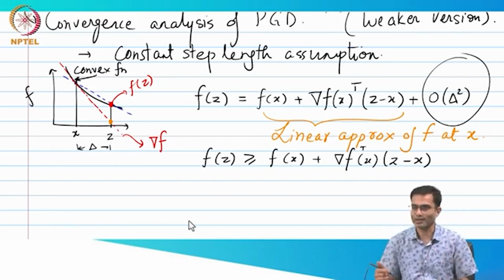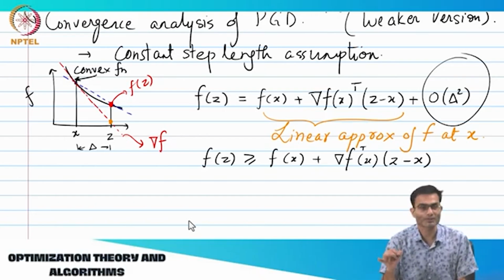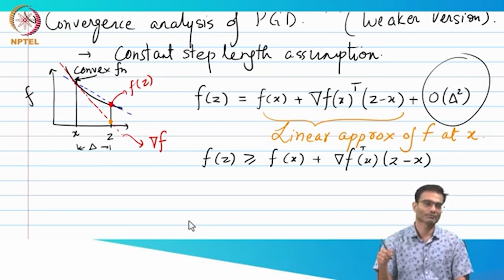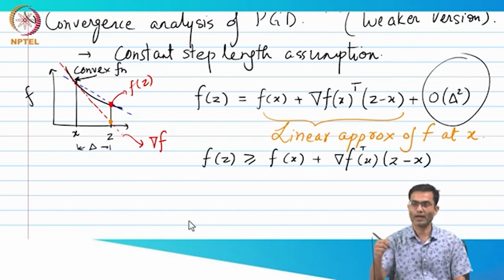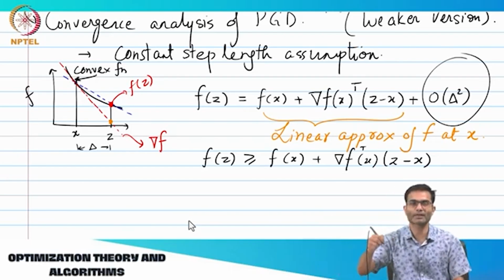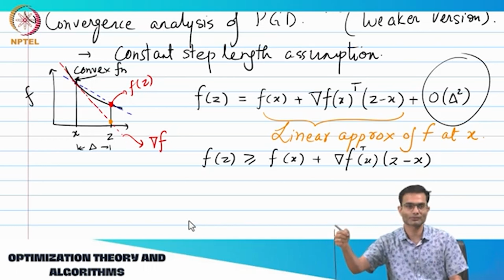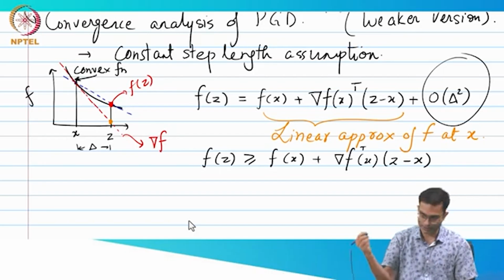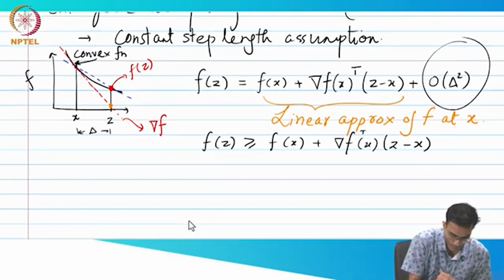So that's the strategy. What is the complication over here? At each step I have to do a projection. Every iterate has an update, but the update is followed by a projection. That is different from the usual gradient descent which I had done. So that's something to keep in mind.